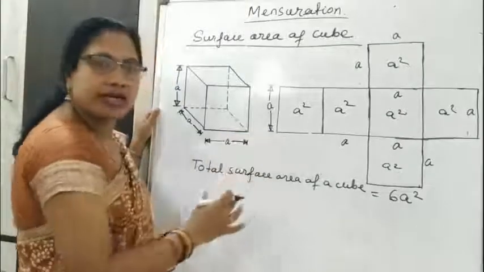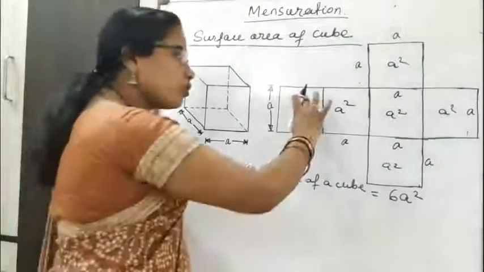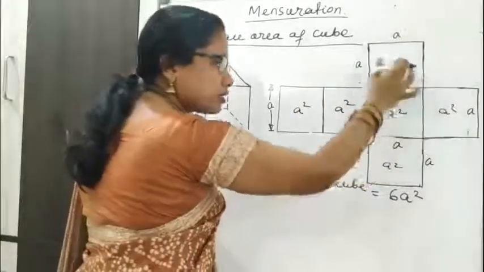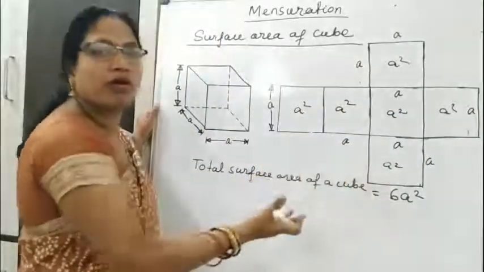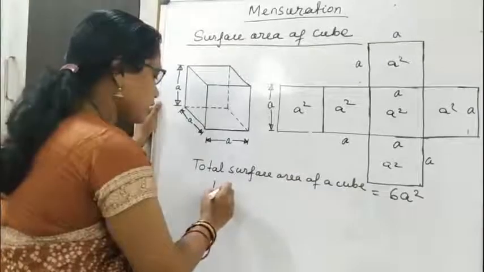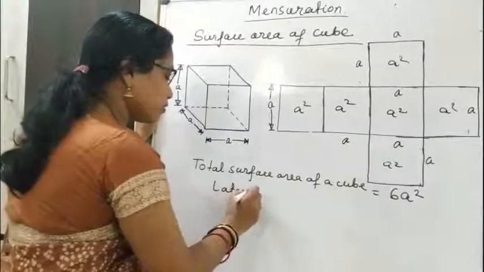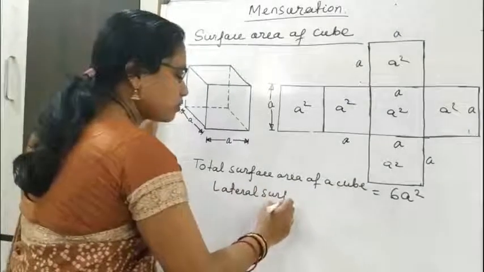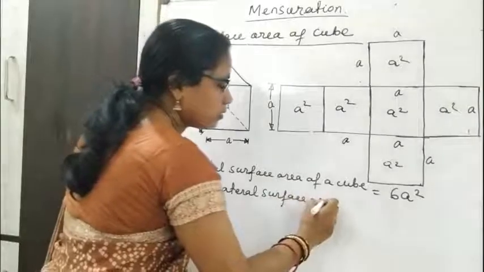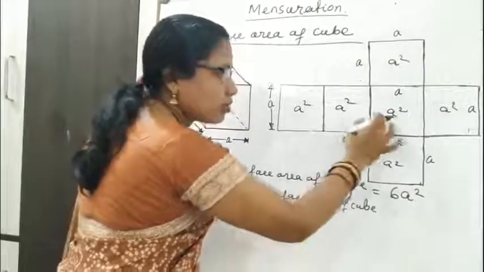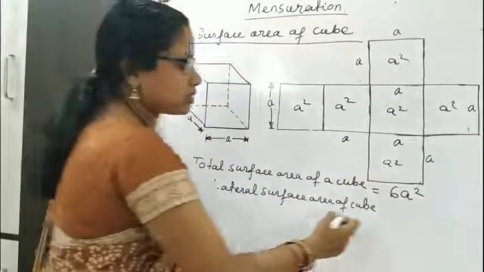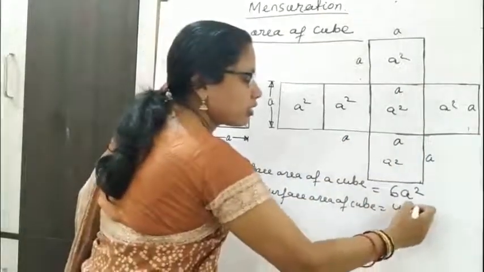Then what is the lateral surface area of a cube? Only the 4 surfaces, because these 2 surfaces are the roof and floor of a room. So the lateral surface area of a cube is equal to the sum of the areas of 4 surfaces, that is 4a square.